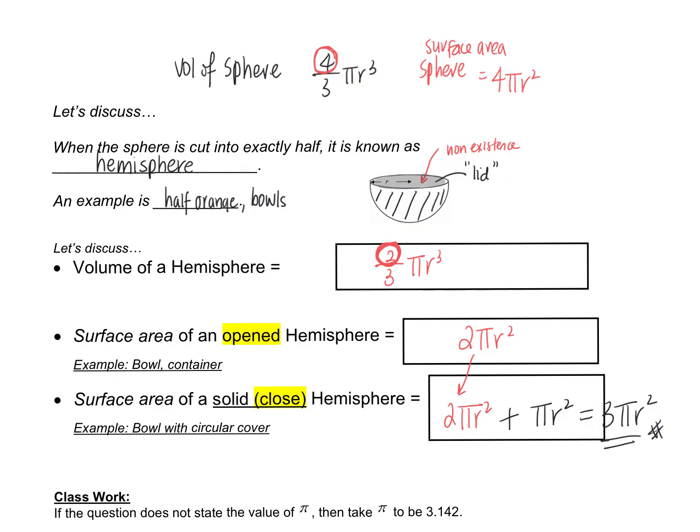For the closed one, remember the top part is there. You must add in the pi r squared. But the hollow one, this one is non-existent. So remember that.